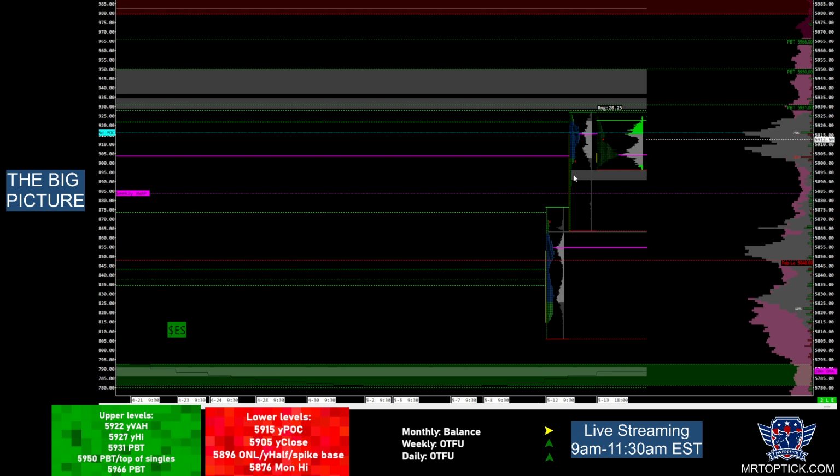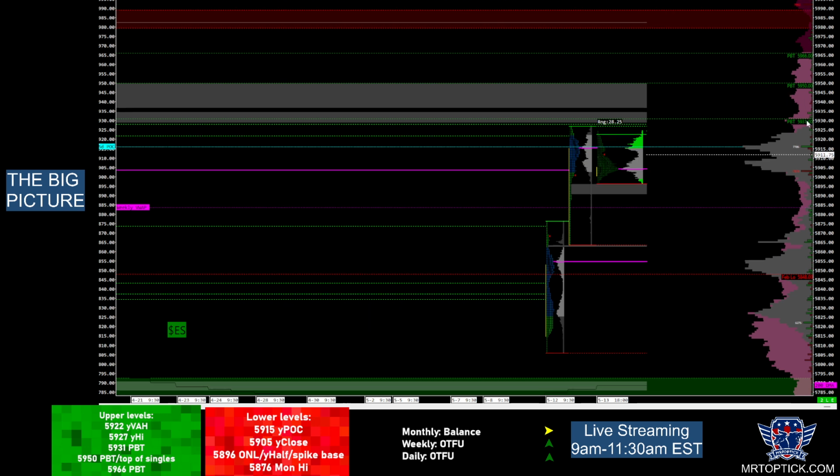You can see this big spike, and then we spent the whole day just consolidating here. It's a P-shaped profile, meaning we couldn't finish business to the upside, so it's a bullish imbalance. We have a few left here. We have this latest one targets 59.66.